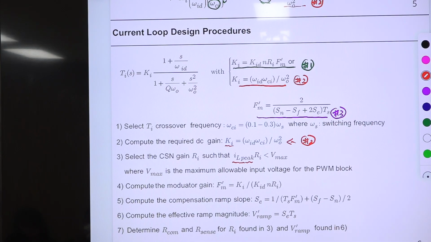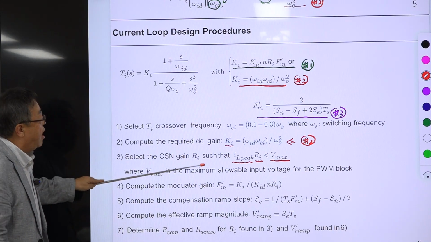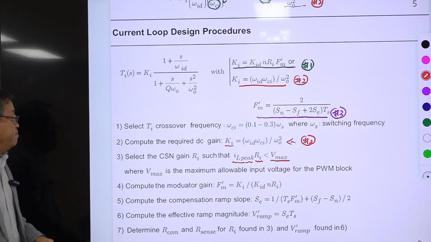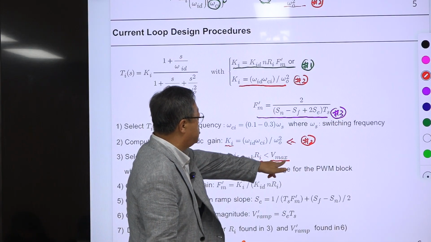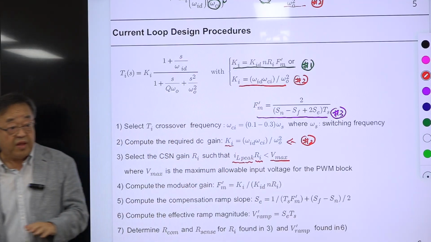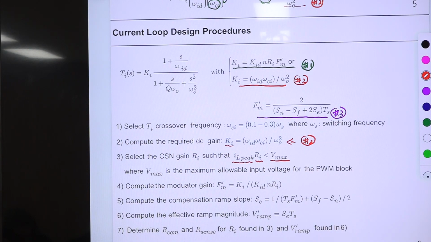So the maximum value of this current times the current sensing network gain should be smaller than Vmax. Considering this, you select Ri somewhat arbitrarily. Keep this in mind: if this is 1, you select 0.7, 0.8 might be okay, but 0.9 will be dangerous. Then this Ri is selected.